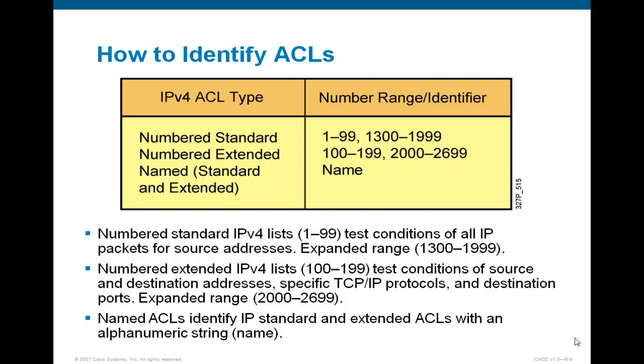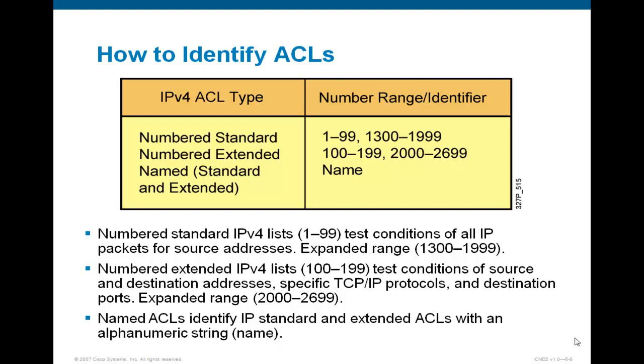The second range, 1300 to 1999, also refers to standard access lists. The extended access lists are numbered 100 to 199, or the second range 2000 to 2699.